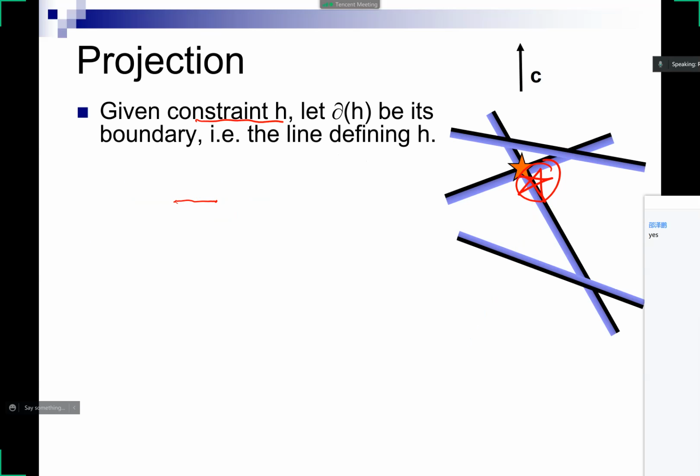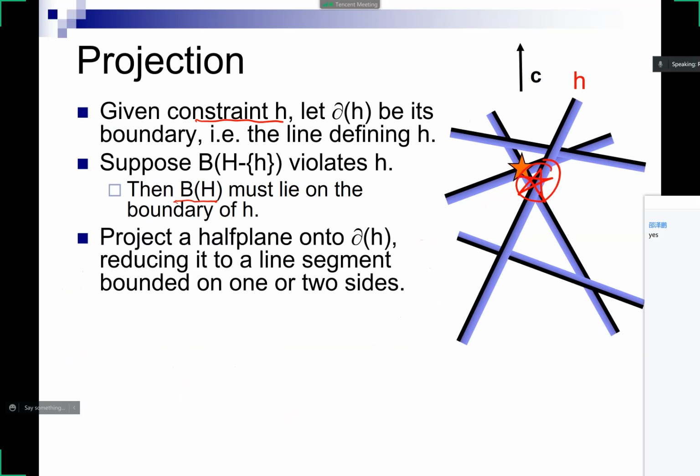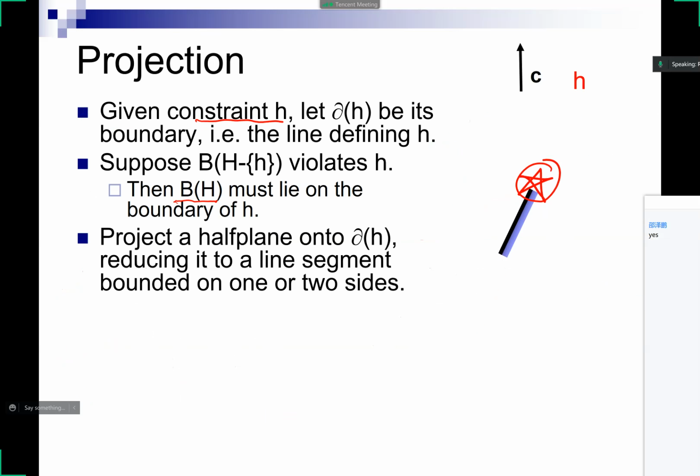If we go back to the previous algorithm, this is why we said that after you do all of these projection operations, you're going to end up with a 1D LP. And then the final step of the algorithm is to output the optimum of the 1D LP, on this line over here.